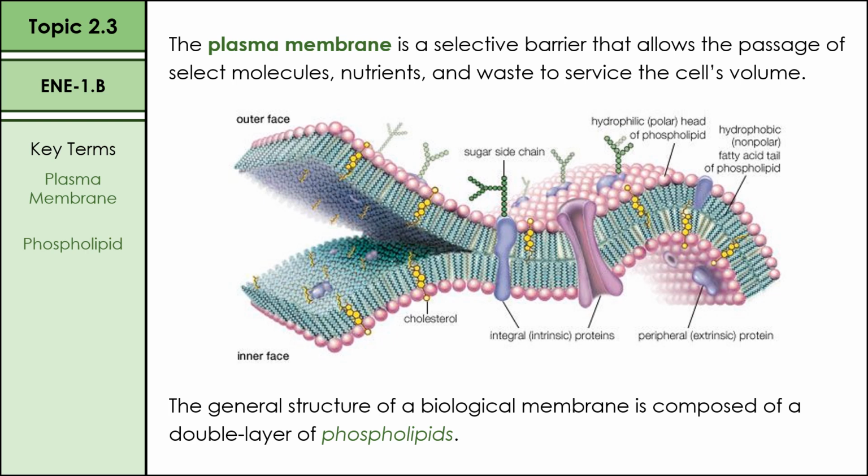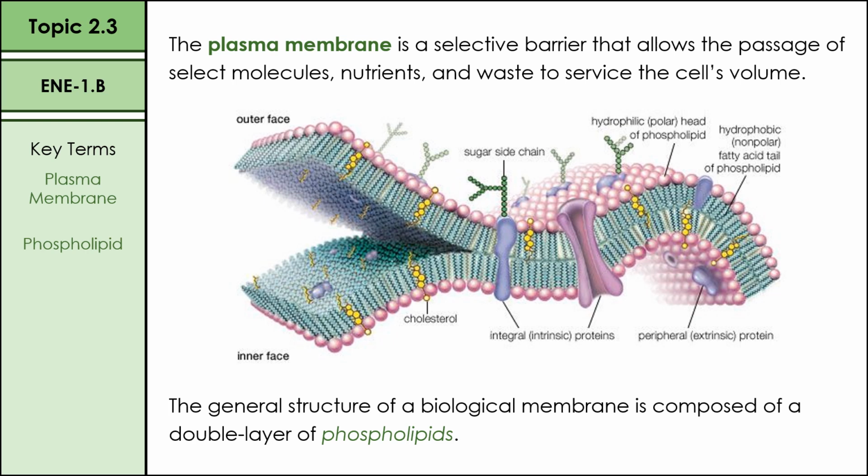As mentioned previously, all of our cells, both prokaryotic and eukaryotic, are surrounded by what we call a plasma membrane. This is a selective barrier, which we term to be semi-permeable, so it allows the passage of some molecules, nutrients, and waste products that is in service of the cell's volume.